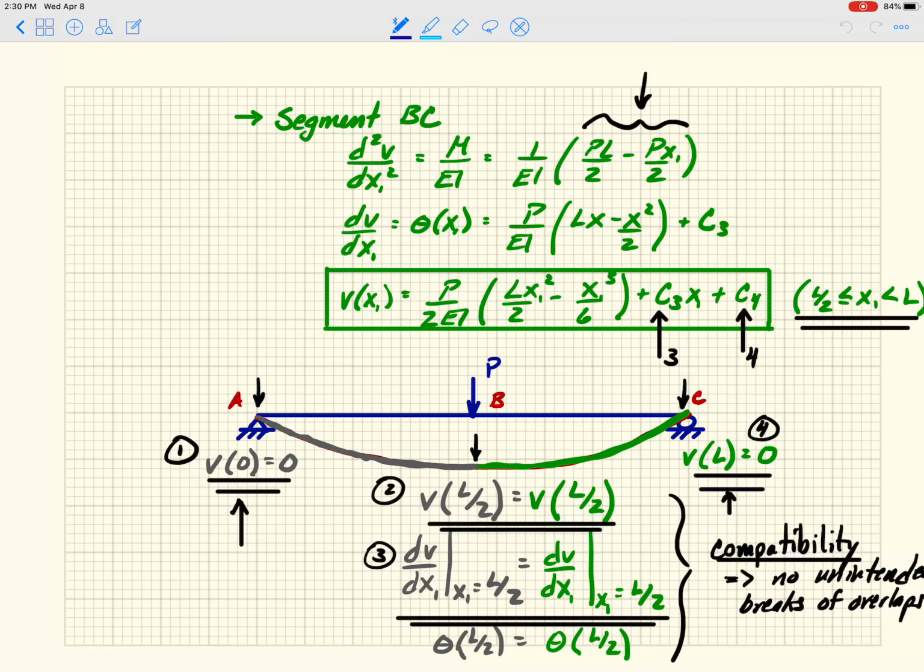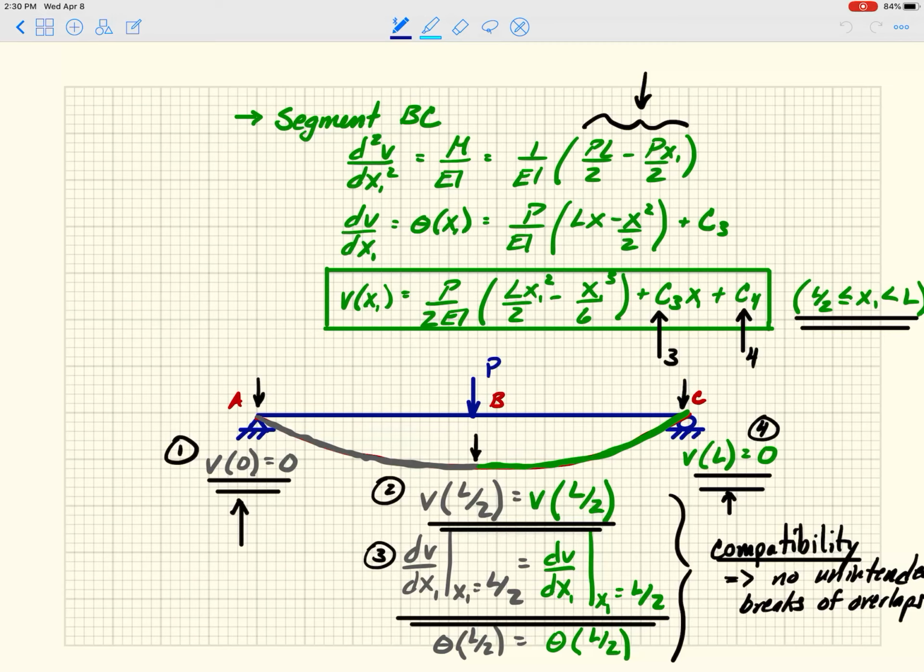And so those two compatibility conditions are actually boundary conditions for segments AB and BC, because they're at the boundary of AB and the boundary of BC, right? They are defined in relative terms. So I'm not telling you what the displacement is under the point load, right? That's what I'm trying to solve for.